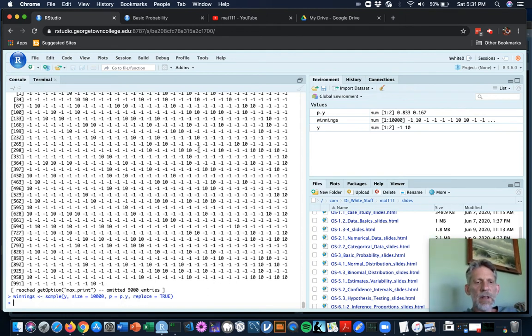And so you don't see anything printed out to the console. That's because what you asked it to do was to set the name winnings that you now see in the global environment here to be the results. And so this is a numerical list of 10,000 numbers, lots of -1s, and some of them are 10s, and it goes on and on and on.